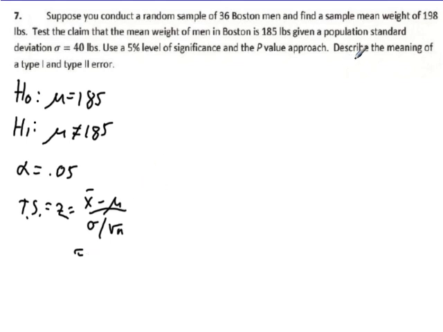We have 198 from our sample, minus our population mean, which is 185. We divide it by 40 over the square root of n. And how big was our sample? It was 36.